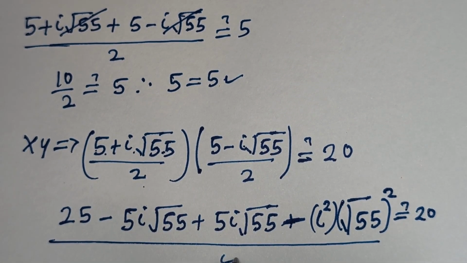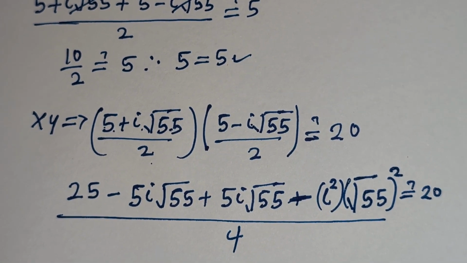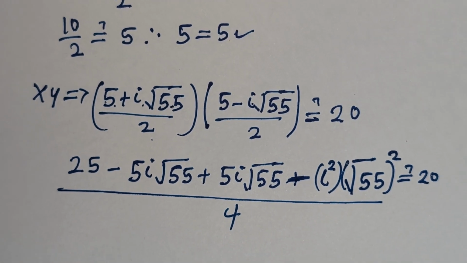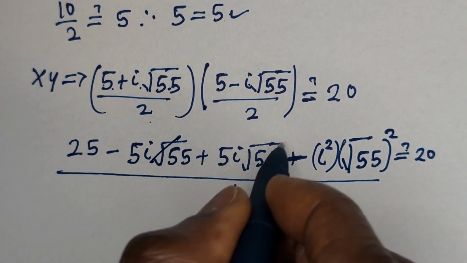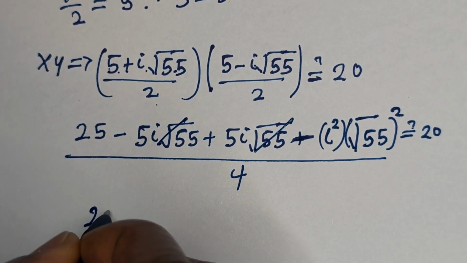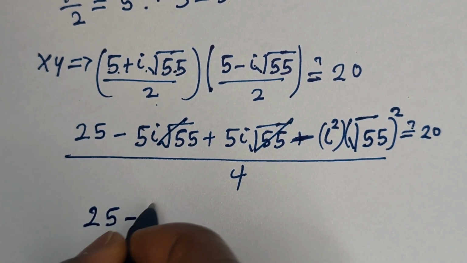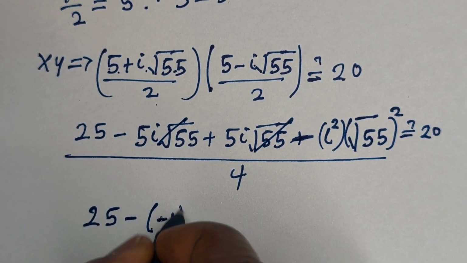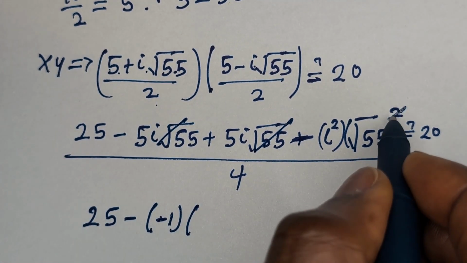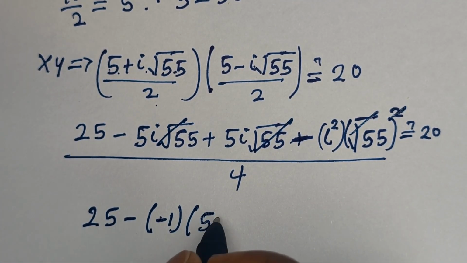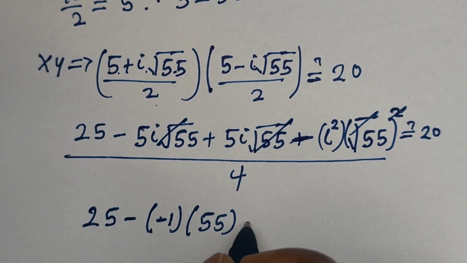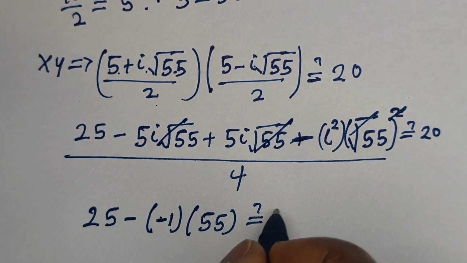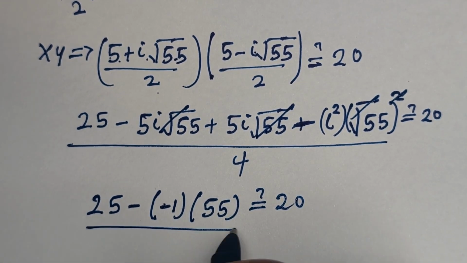Over 2 times 2, that is 4. This cancels this. We have 25 minus i squared is minus 1, minus 1 multiplied by 55, must be equal to 20 over 4 here.